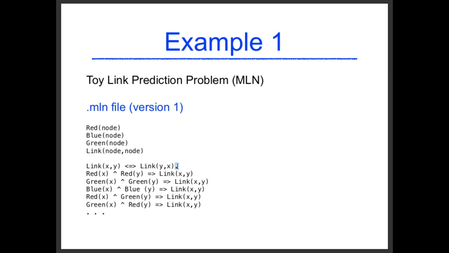If you put a dot here, that is the way in Alchemy syntax to state that this is a hard rule, so no need to learn the weight of this rule because you know that it is always true. Then you write down the combination of colors: if x is red and also y is red, then there is a link, and the same if they are both green, both blue, or the other possible combinations. That's one way to do that.